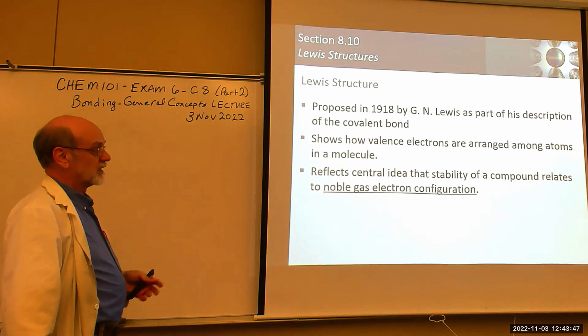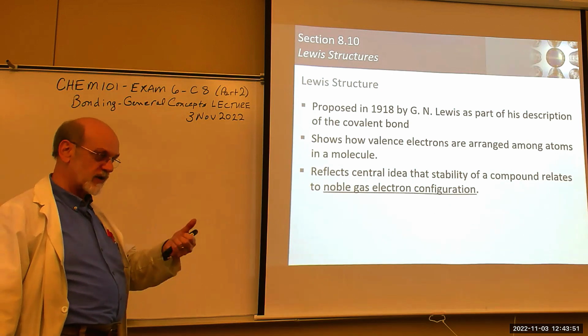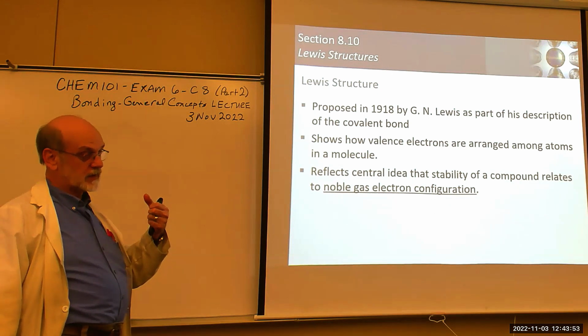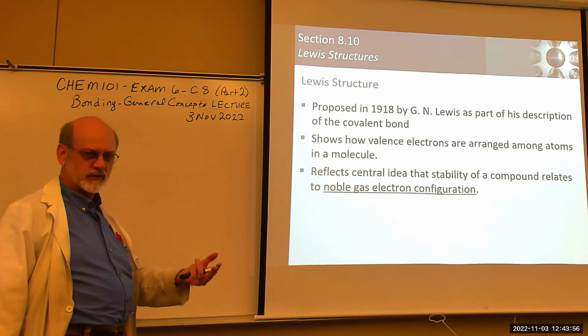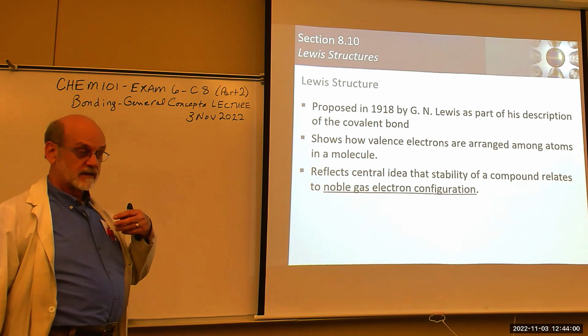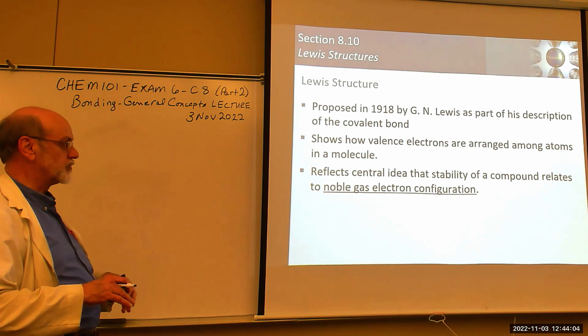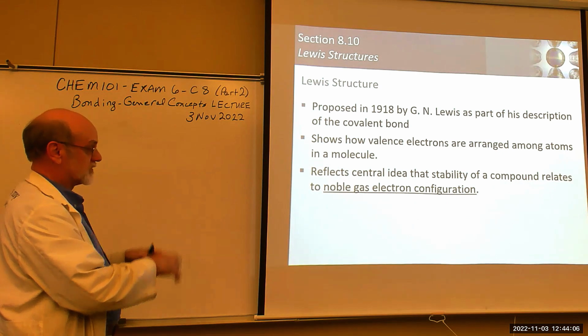Originally, it worked best for the second and third periods because that would complete a 2s2p or a 3s3p, making 8 electrons. And those would be the valence electrons. So only the valence electrons are used in this structure.